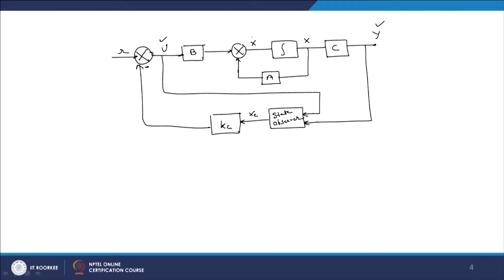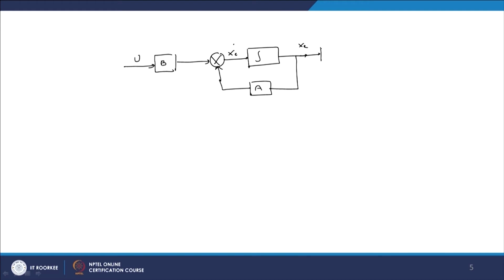Along with this, there is an observer, called state observer, which estimates the states of the system. Now this produces x c, and it depends upon input u and output y. Now what is present inside this state observer? Now we will draw the block diagram of this state observer.